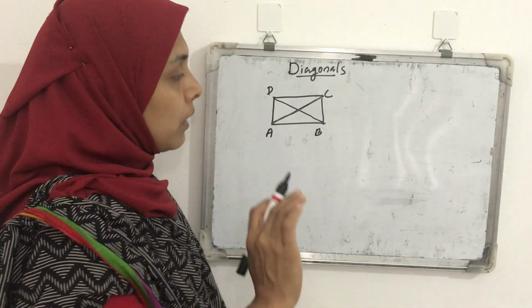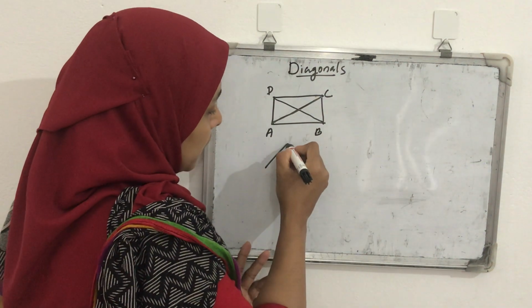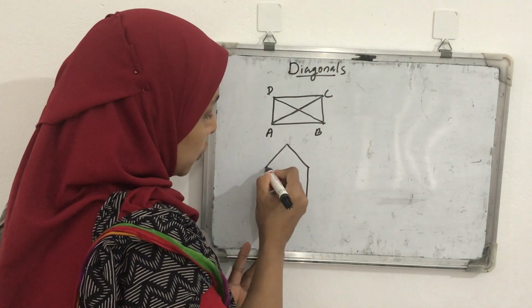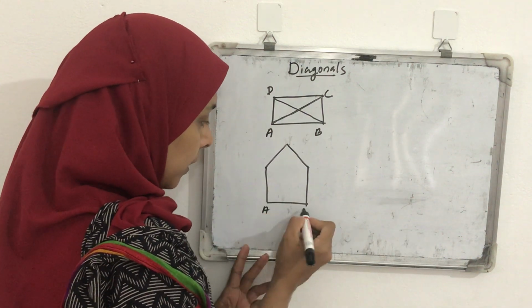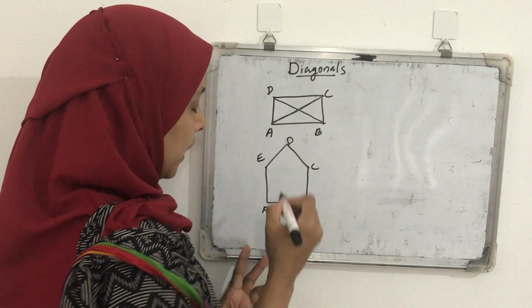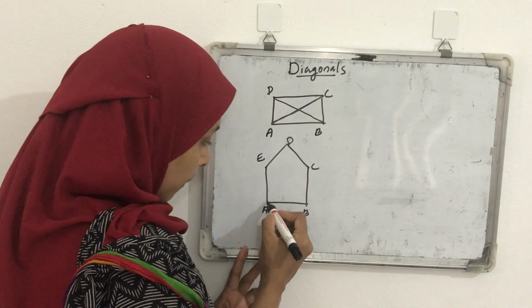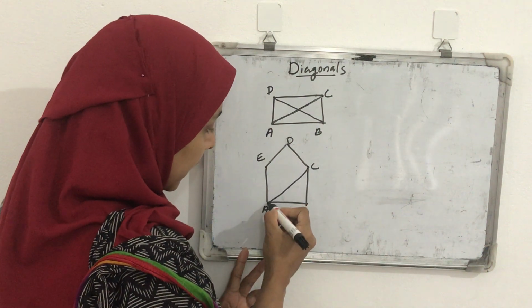So, for any polygon, we can draw diagonals. If it is another polygon with 5 sides, here also we can draw diagonals. Here we name this A, B, C, D, E. Then, if we draw a line segment from A to C, this is a diagonal.